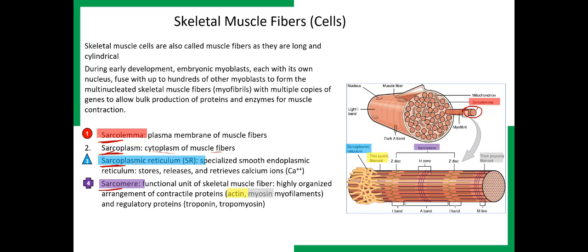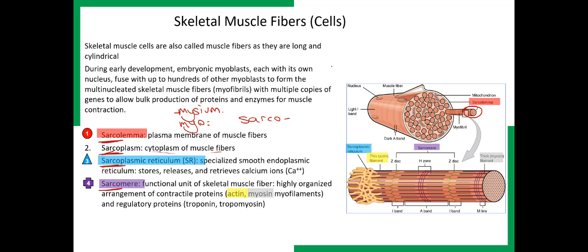The sarcoplasmic reticulum is a type of endoplasmic reticulum that's found in muscles. And then the sarcomere is also a functional unit of skeletal muscle fibers. When we talk about muscles, we can refer to it as myo, or we can refer to it as sarco, right? So all these refer to muscle fibers.